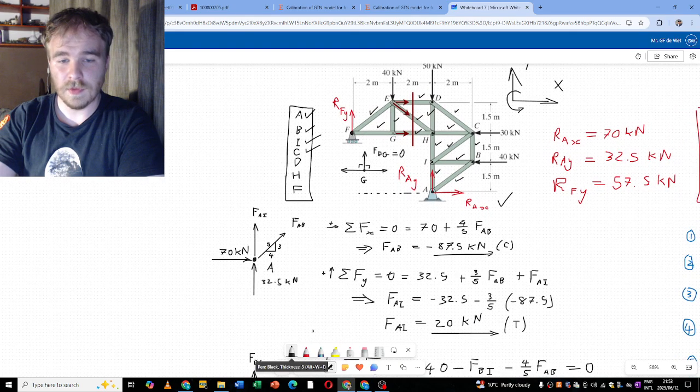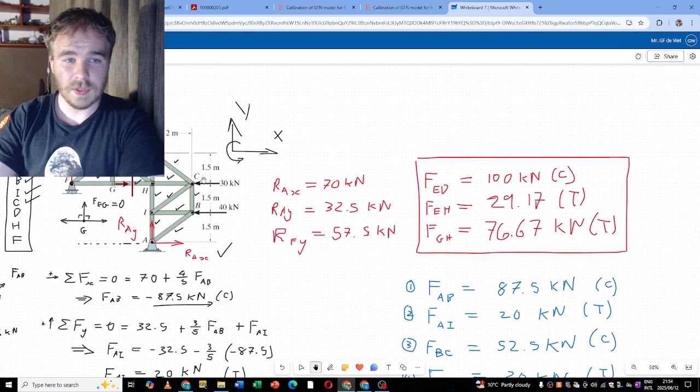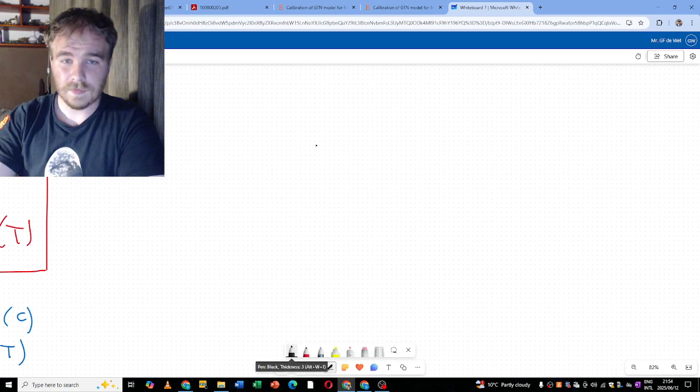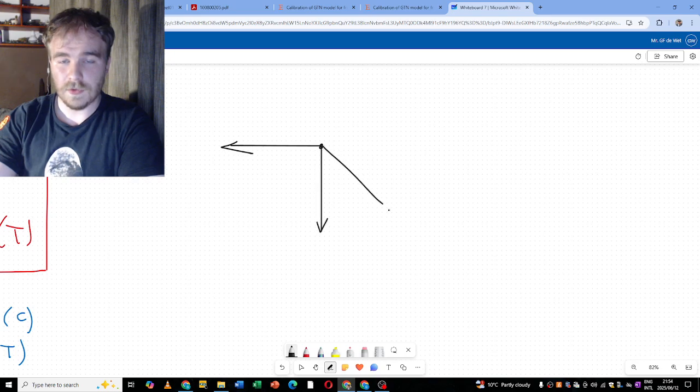Now let's move over to point D. And I'm going to start on this side now. So point D, it has a force pulling this direction. It has a force pulling down and a force pulling this way.